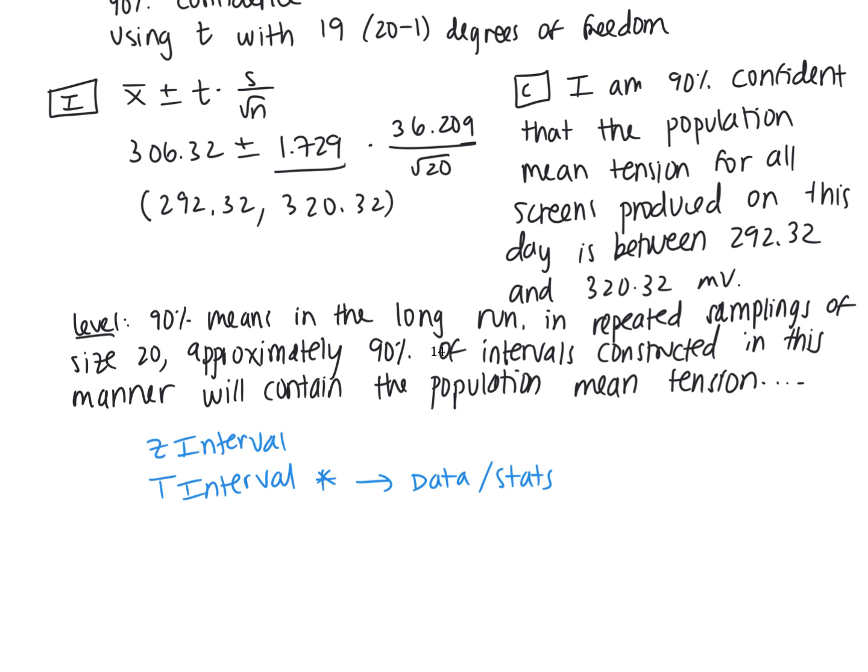It fills it in for me. This time it's filled in because we put the data in. Go back to data, and you'll notice it's going to say list, frequency, and confidence level. So list is L1, frequency is 1, your confidence level is 0.9. And if you hit calculate, you should end up with the same interval that we got above.